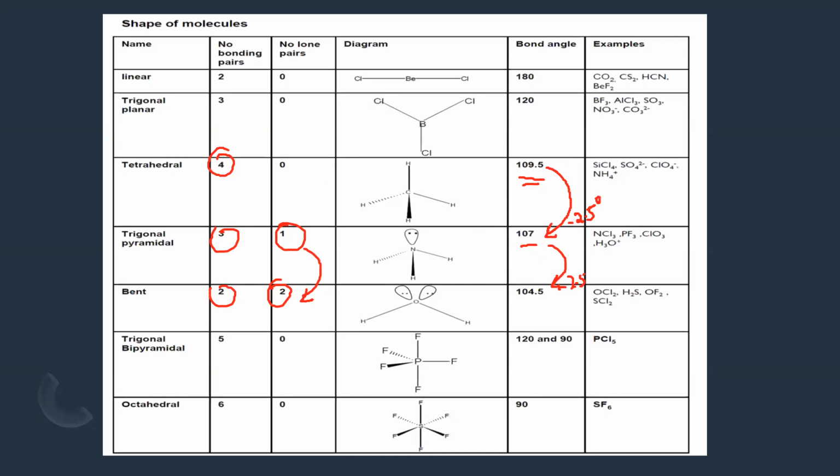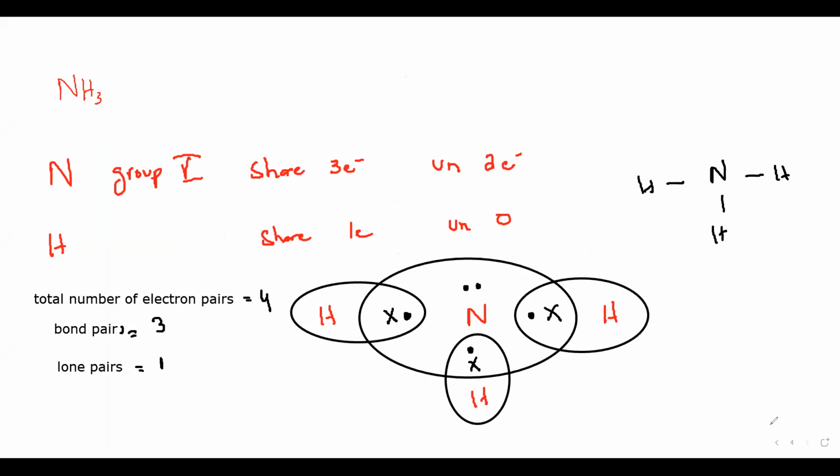And what is the reason for that? There is a theory which explains the geometry of molecules, and that is known as valence shell electron pair repulsion theory. The valence shell electron pair repulsion theory is the reason why different numbers of bond pairs and lone pairs lead to different geometry. What does this theory state?